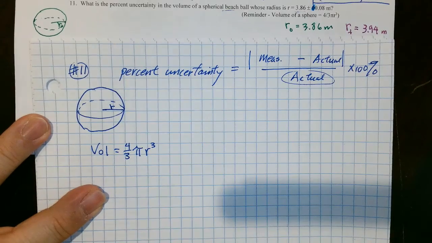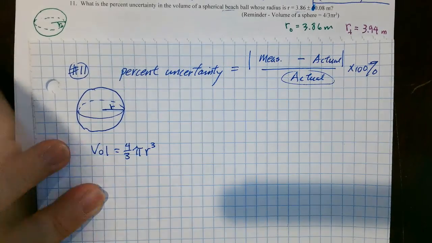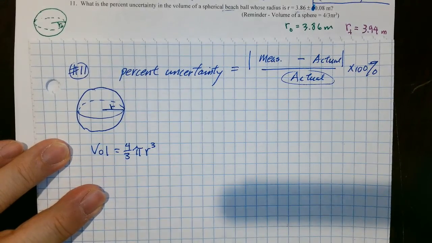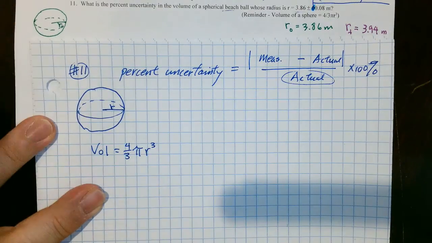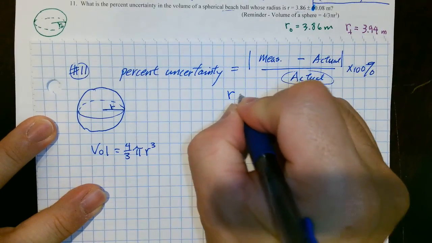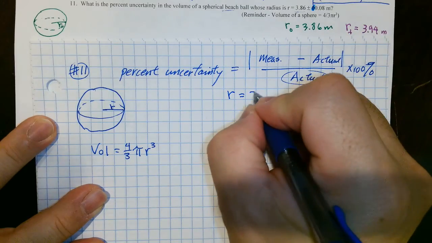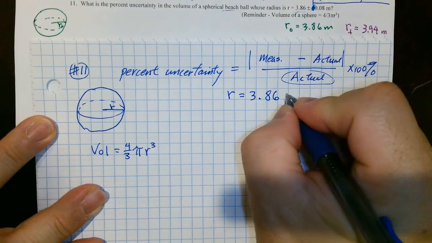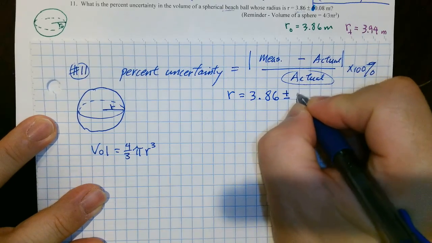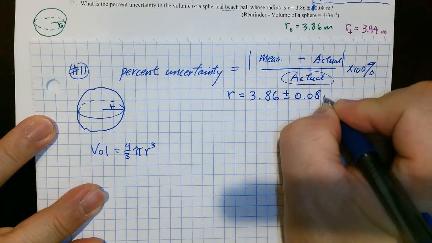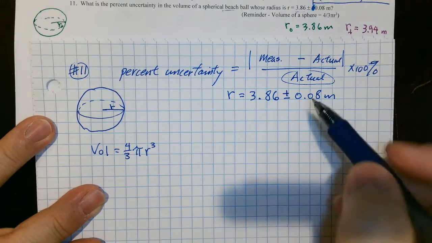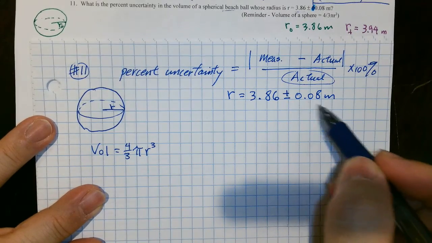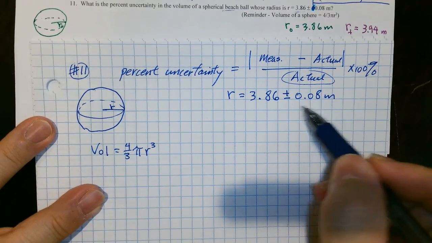But we are given that our radius is equal to 3.86 plus or minus 0.08 meters. This is the uncertain value, the tolerance they gave us.